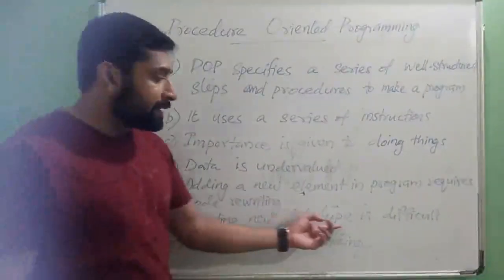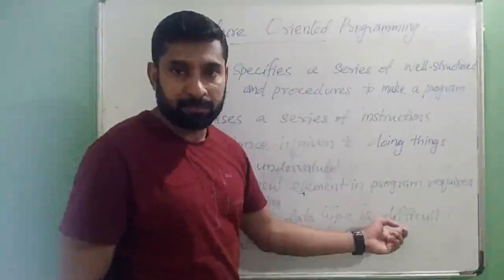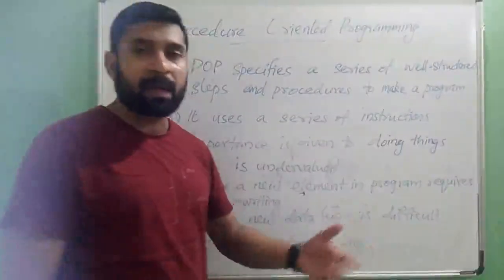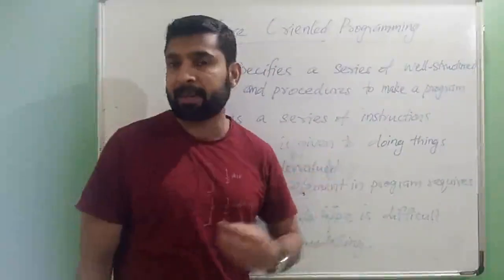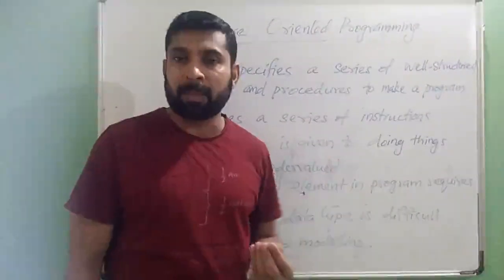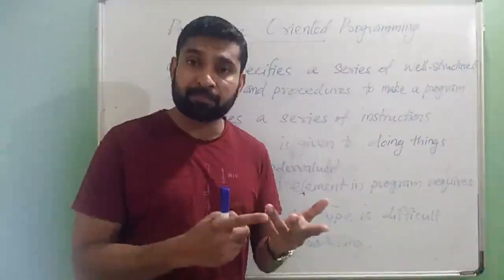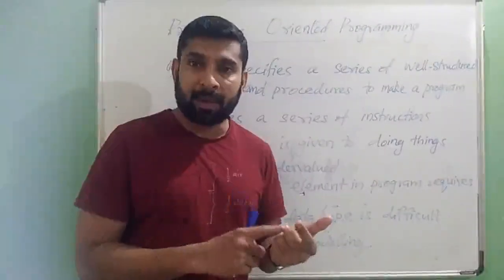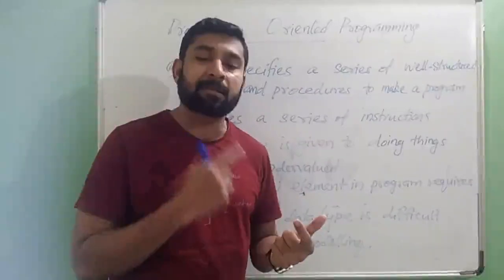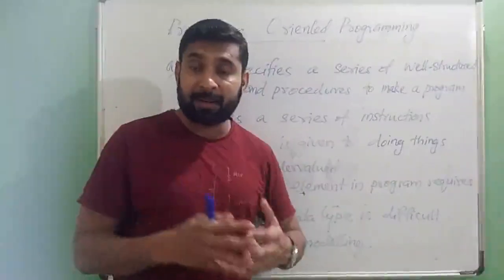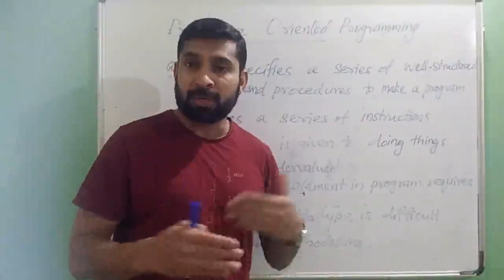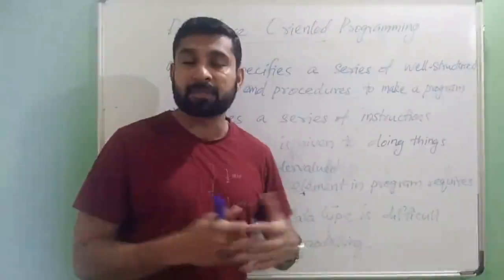Then creating a new data type is difficult. We know that in programming languages there are different data types, fundamental or basic data types. In C++ we have integer, float, char, etc., derived data types like arrays, and user-defined data types like structures and classes.